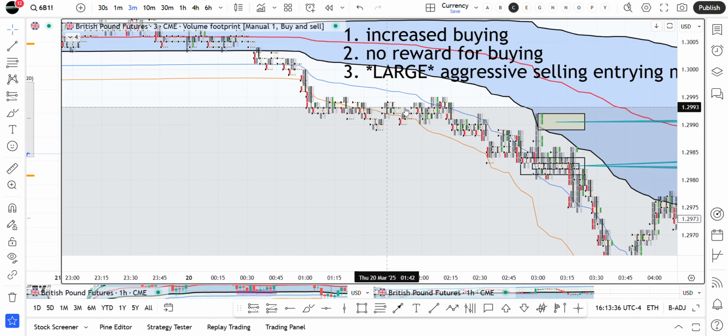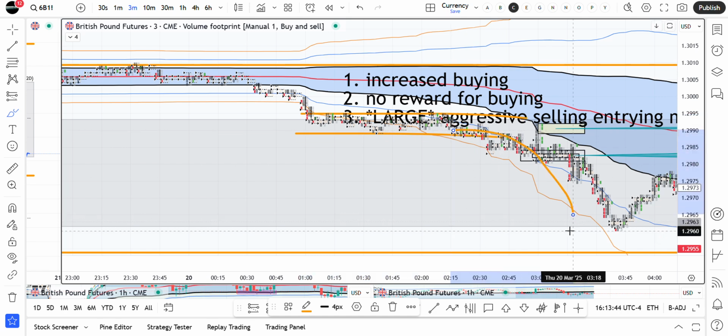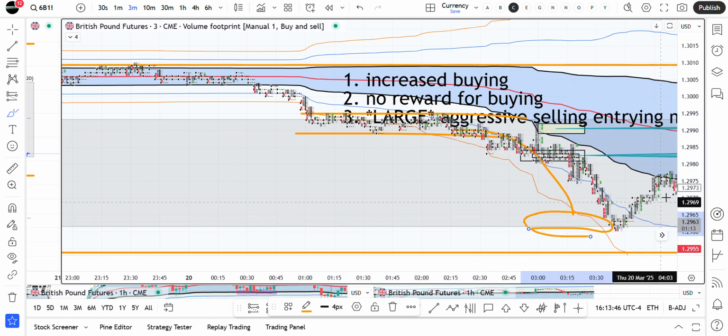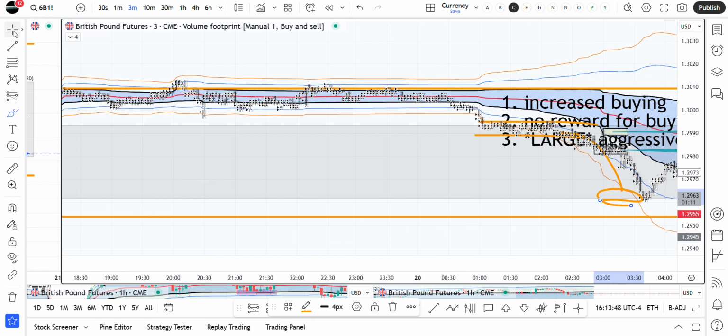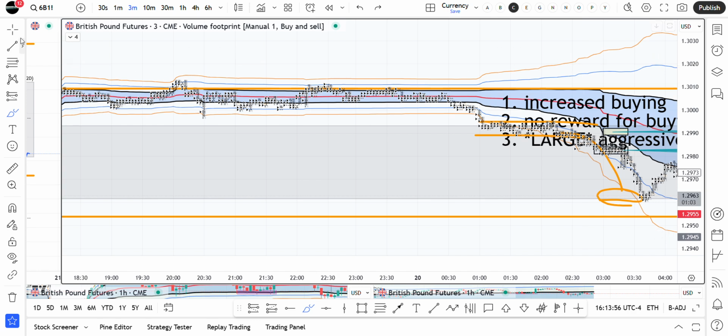It hit its consolidation, which is this area. What we're expecting is a move all the way down to the value area low, and then ultimately to these poor extremes. I just say poor extremes instead of poor highs and poor lows because it's easy. I can just make a template for that.